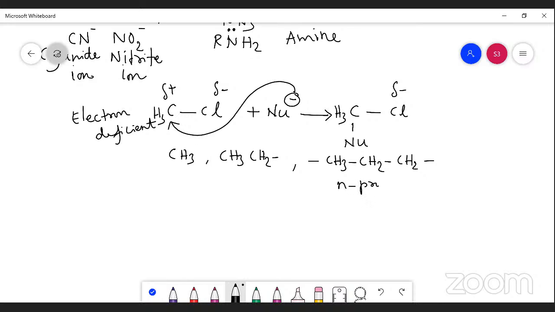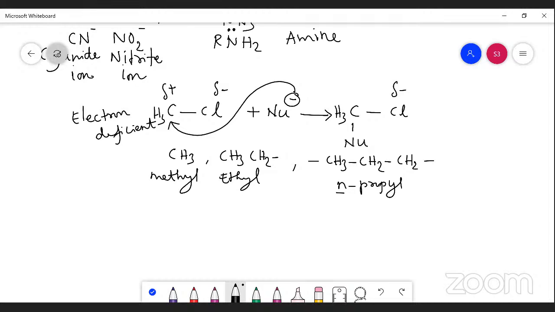Why am I indicating N? Because this is a straight chain compound. N represents straight chain. This is your ethyl and this is your methyl. We already know these are types of alkyl groups. So one is methyl, one is ethyl, and one is N-propyl.